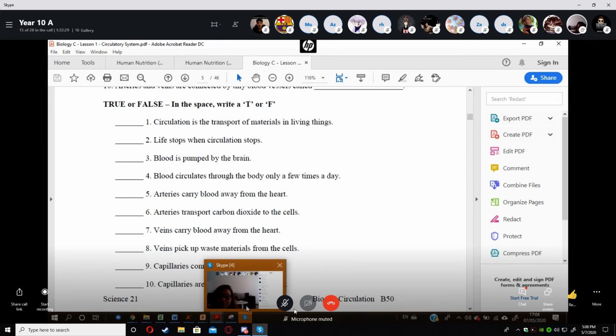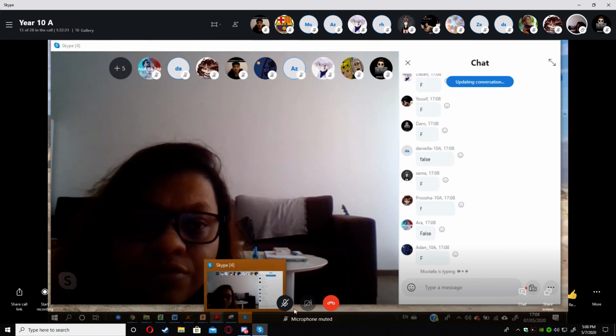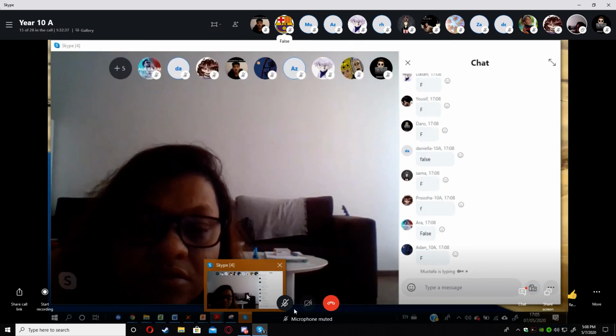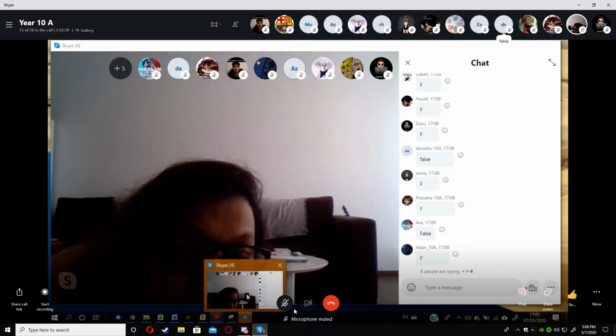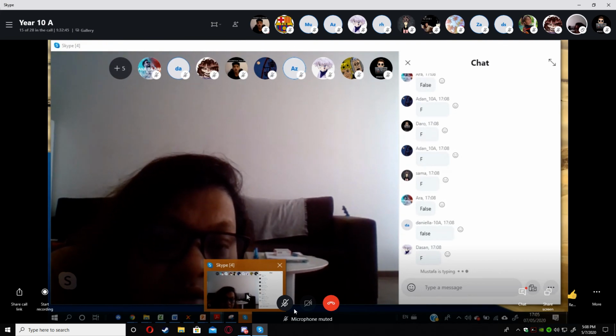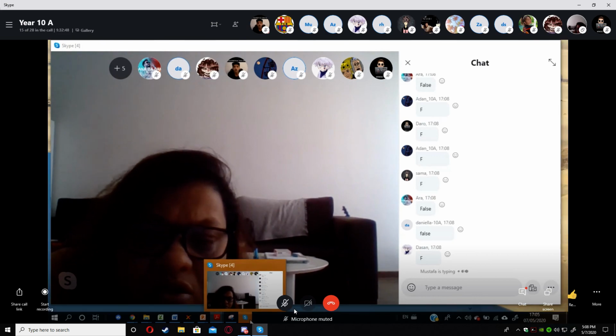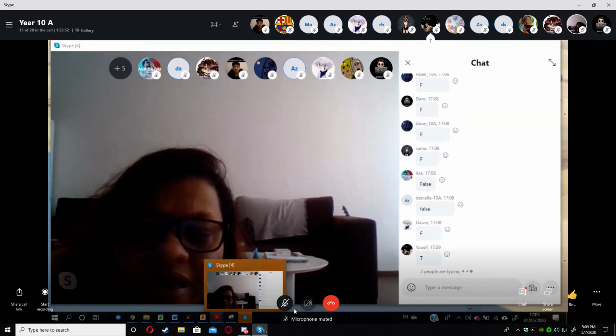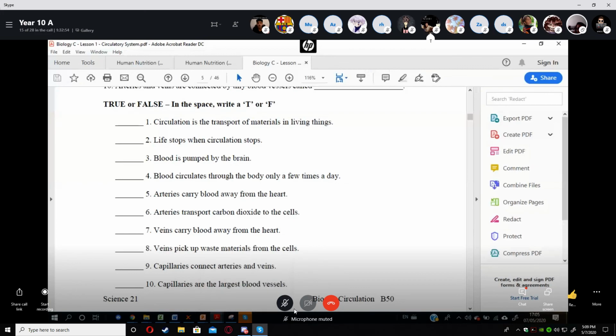Veins carry blood away from the heart. True? Veins carry blood away from the heart. Why is it false? Okay. Veins pick up waste material from the cells.